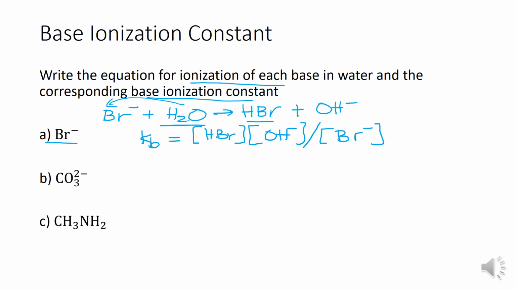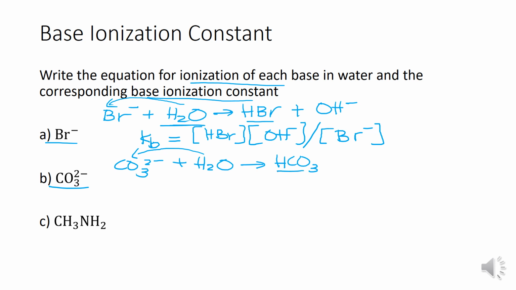Now let's consider carbonate ion. If we add that to water, it will also accept a hydrogen atom from water because it is a base. That is to produce H, then let's copy the base, so CO3. Now this is bicarbonate or hydrogen carbonate.